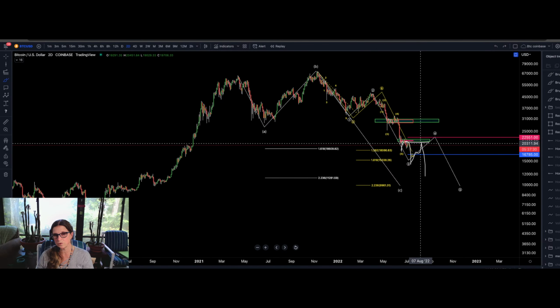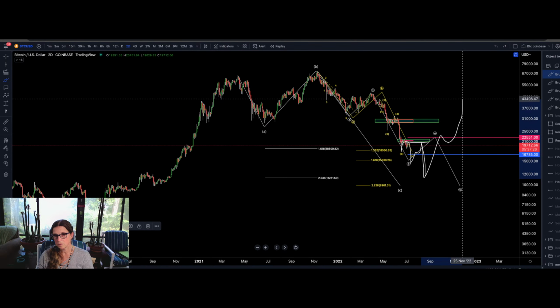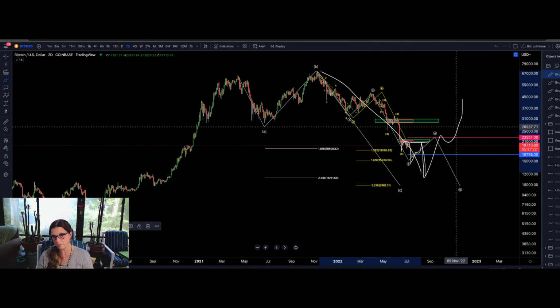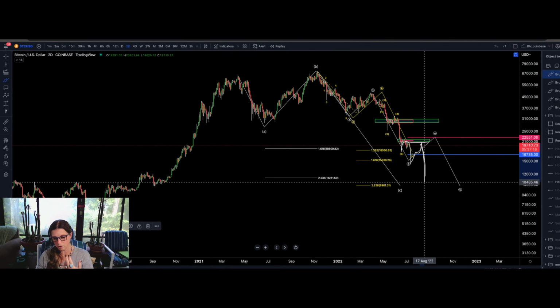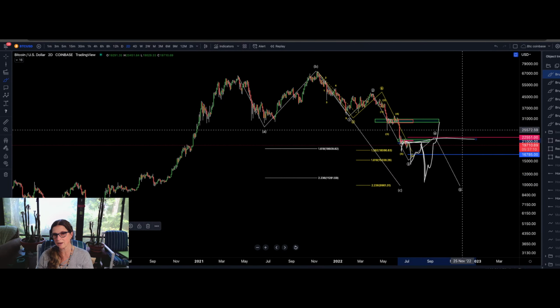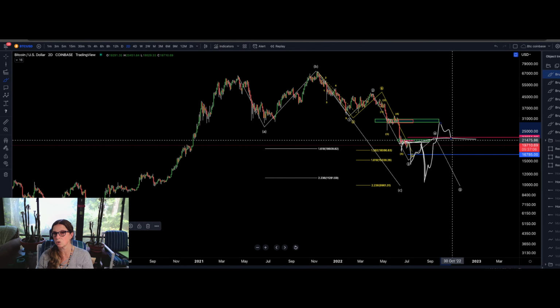Or it rolls over in 5, gives us a bigger rally, then we give this leg a partner. That's how we end up in a deeper bear market. Or with one of these rollovers of 5, we get a 5 wave move that rips through that area and pulls back into it. At this point, the market has a chance to turn us.